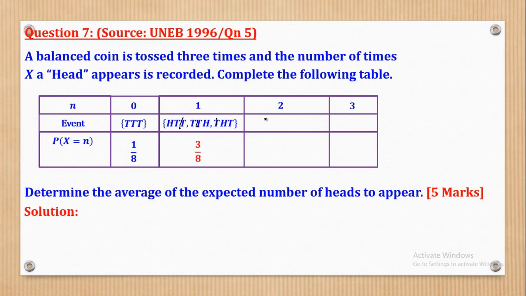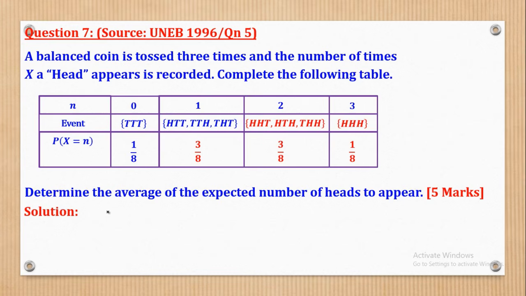For this one too, the events can be head, head, tail, or because they want 2 heads, then another one can be head, tail, head, another one can be tail, head, head. So there are also 3. Therefore the probability will be 3 over 8. For this one, it is only 1 because you can only get 3 heads once. Therefore, the probability is 1/8.